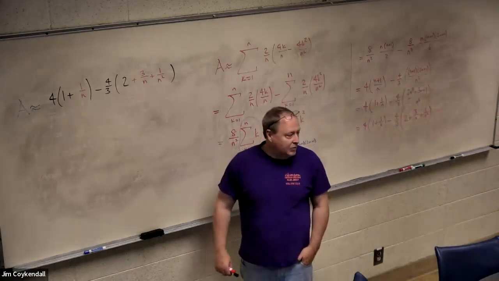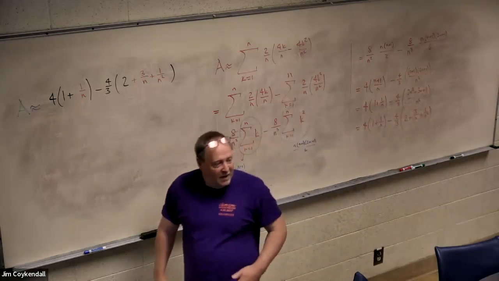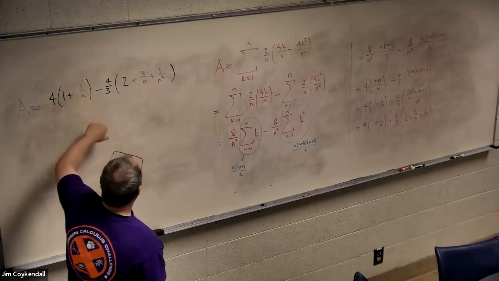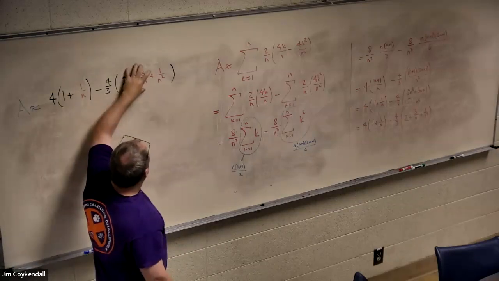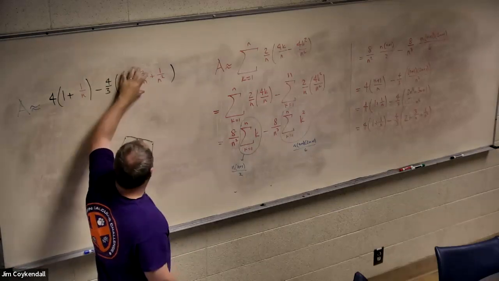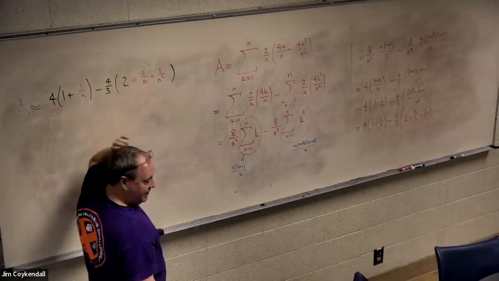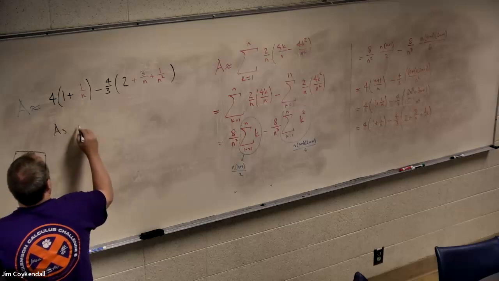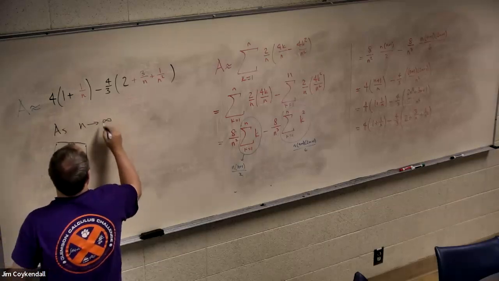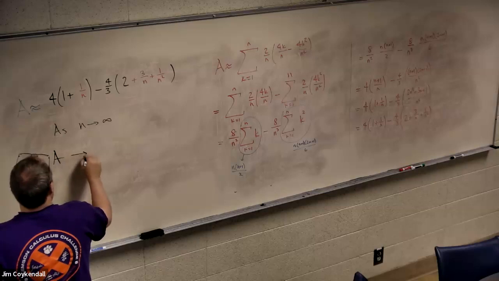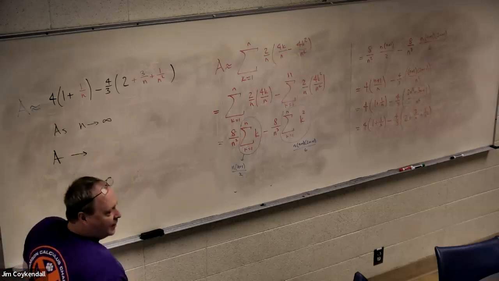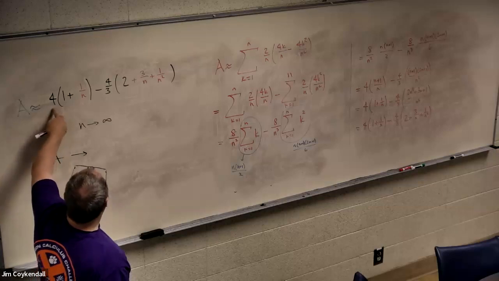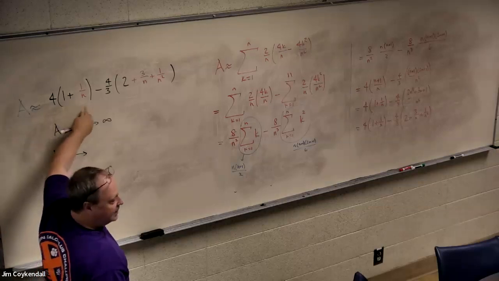But for example, if n is a million, this is very close to 4 times 1, and this is very close to 2 plus 0 plus 0. What do we get as n goes to infinity? As n goes to infinity, what happens to 1 over n?